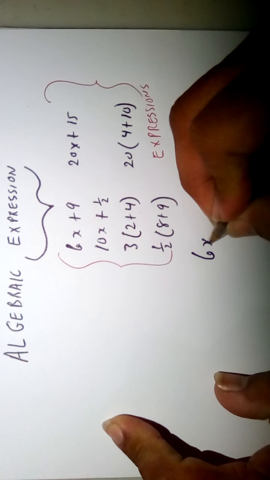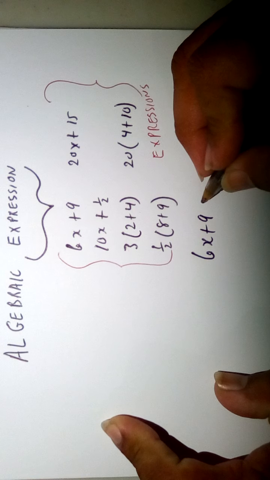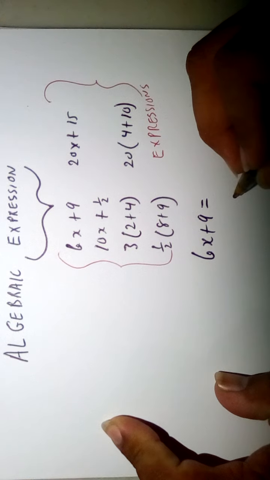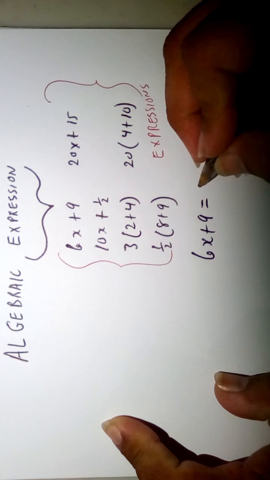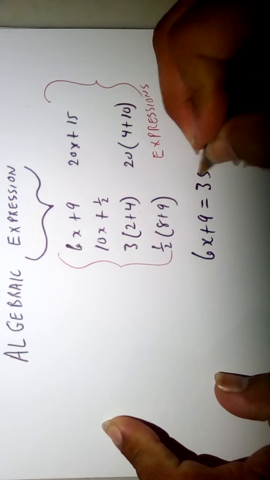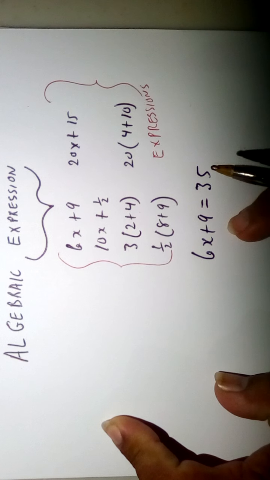However, let me take one of these. I take one of these top ones. So I'm going to take this first one, 6x plus 9, and let's say I add an equal sign and I give it a value of, say, 35. Is this an expression?